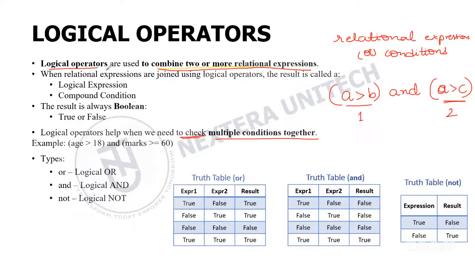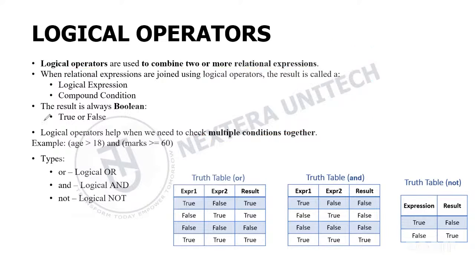Logical operators are the ones used to combine two or more relational expressions. So here 'and' is a logical operator. So logical operators are used when we want to check multiple conditions, like this is one condition, this is a second condition. So this is how we can use logical operators.